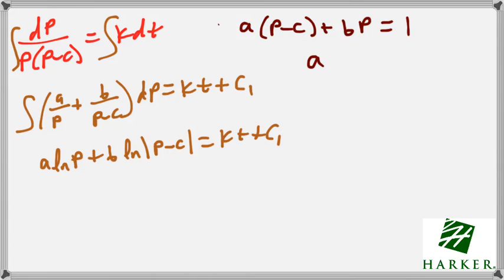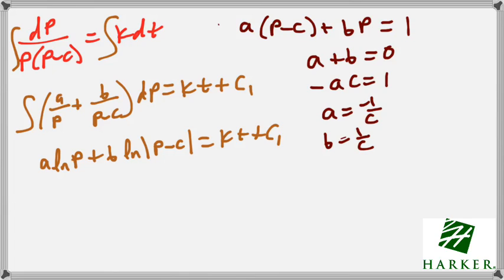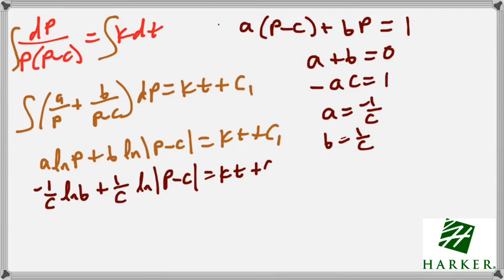A plus B must equal 0 because there's no P's on that side, and negative AC must equal 1. So A is equal to negative 1 over C, and B is the opposite of A, so B is equal to 1 over C. So now I can come over here. Negative 1 over C ln of P, plus 1 over C ln of the absolute value of P minus C, is equal to KT plus C1.